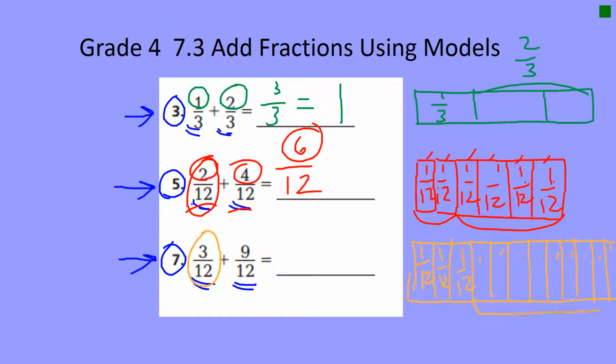Okay, so these are all 1/12 size. Okay, so look, 3/12 right there, plus 9/12. So we have 3 pieces plus 9 pieces, basically. 12 pieces out of 12. That's another one that is equivalent to 1.